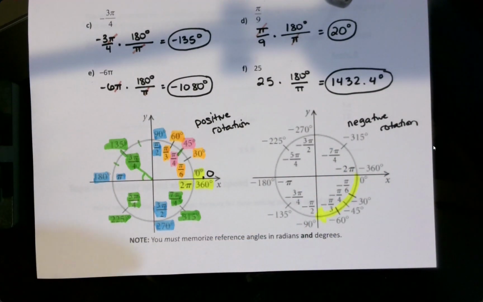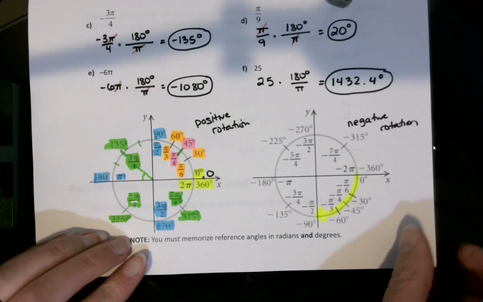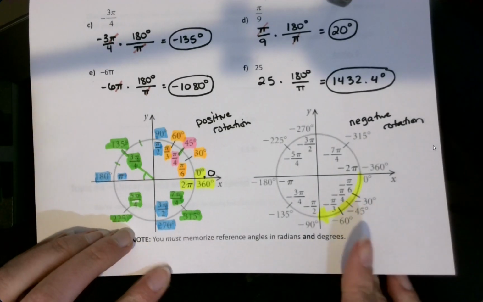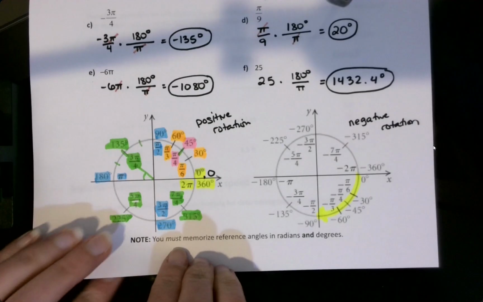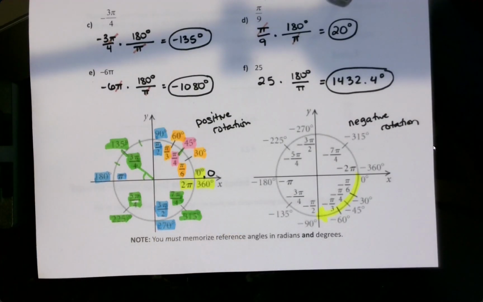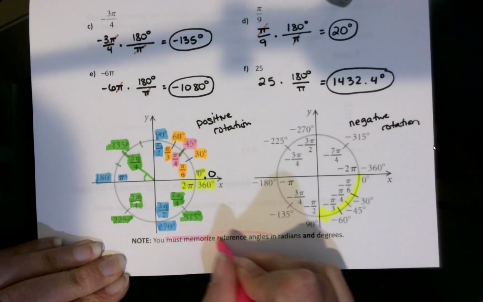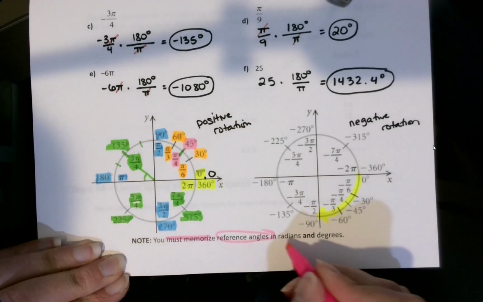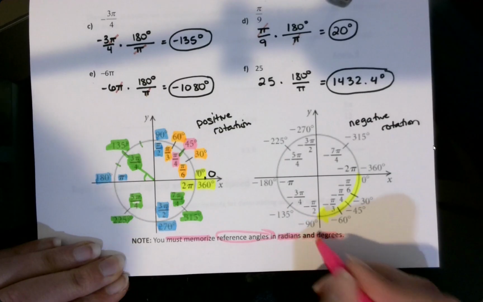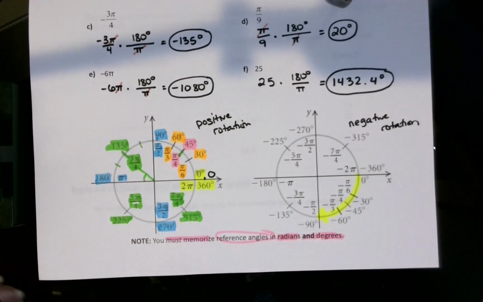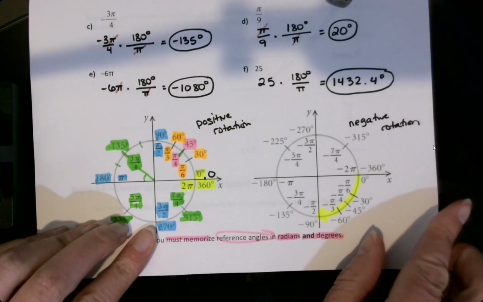We do focus on the positive rotation, but we can always write coterminal angles in either orientation. Okay, note at the bottom is we should definitely memorize the reference angles for our special angles in both radians and degrees. We'll be working on memorizing those throughout this chapter.